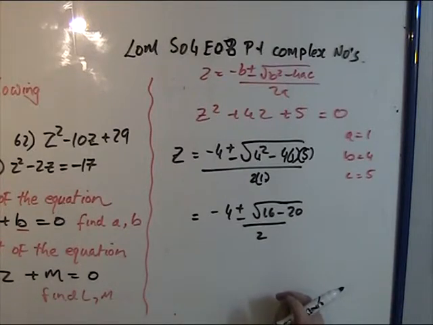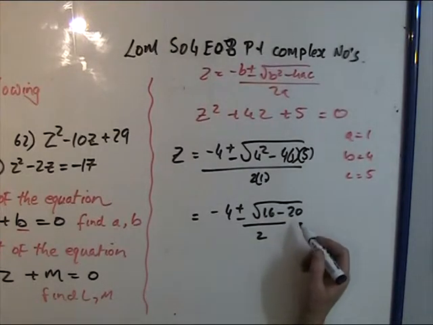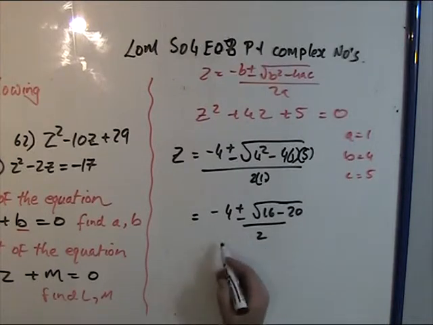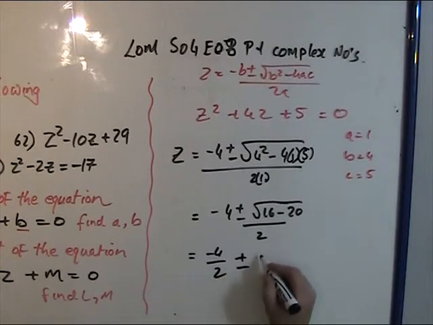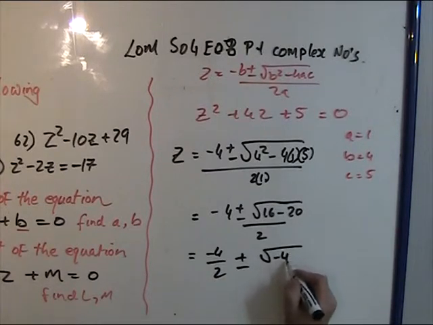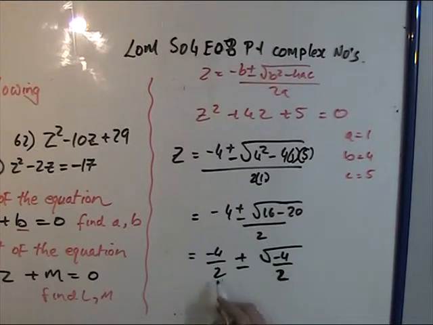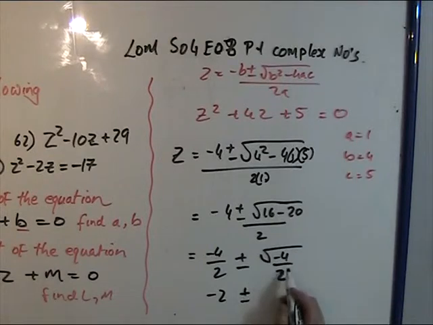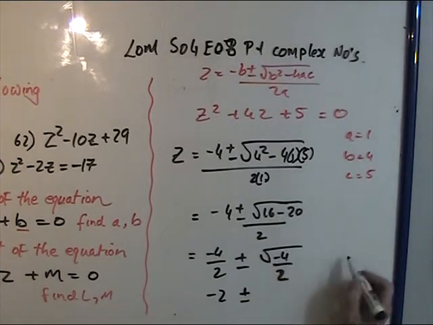Now I have a problem here, so let's clean this up. This is equal to minus 4 over 2 plus or minus the square root of minus 4 over 2, which is minus 2 plus or minus. Now I have to do something with this minus 4.